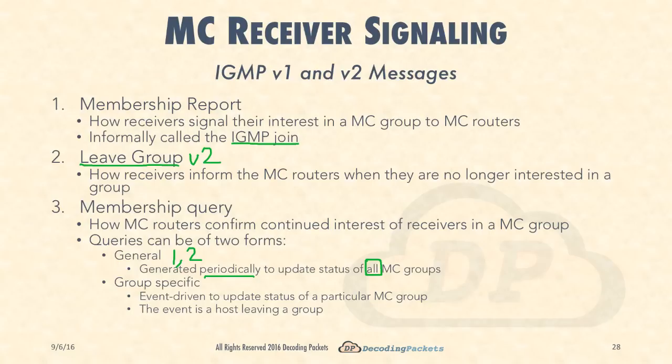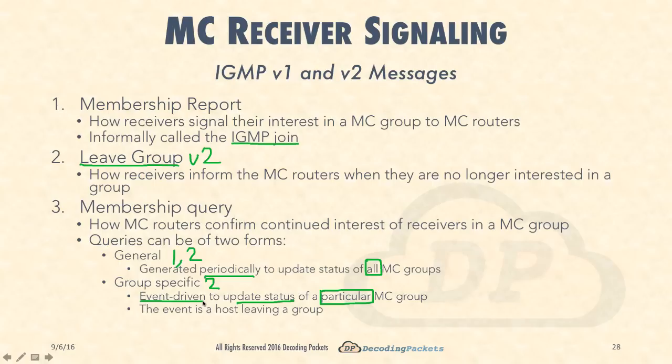The second one, specific to version 2, has to do with that leave group message. It's a group-specific query. This is an event-driven query. Again, the underlying reason for it is the same: it needs to update the status. But in this case, it is about particular multicast groups. And it is also, like I said, event-driven.